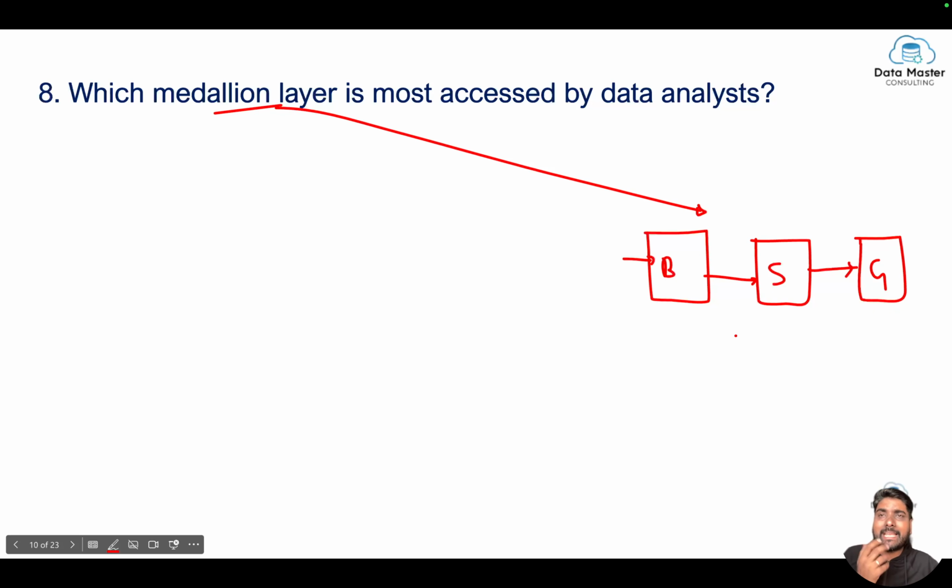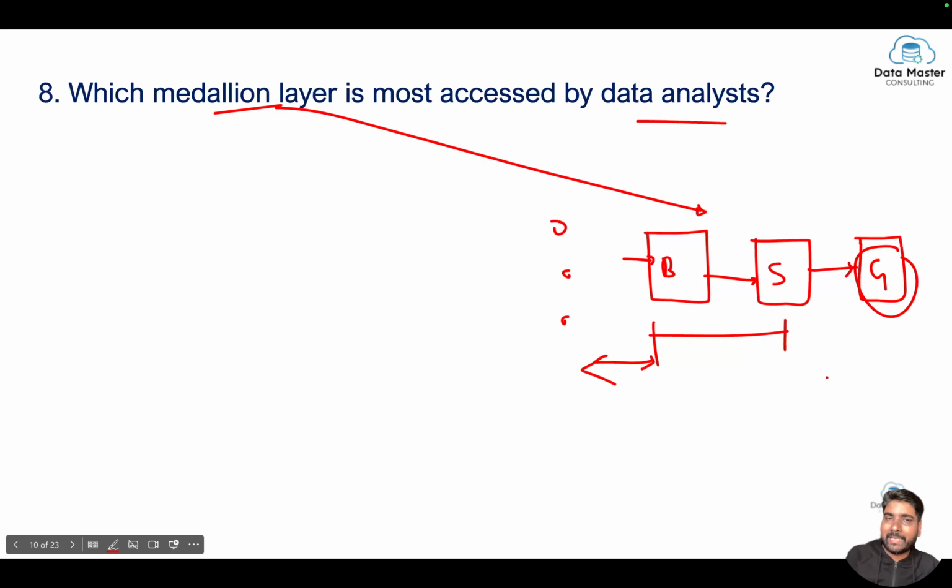When the data engineers are working, they work mostly on these layers. They do the data ingestion from a variety of sources to the bronze, and they also do the cleaning and transforming from bronze to silver. When it's data analytics, most of the time they will have access to the gold layer, where they have the few KPIs and they start writing queries on it. So this layer is focusing on the data analytics team.